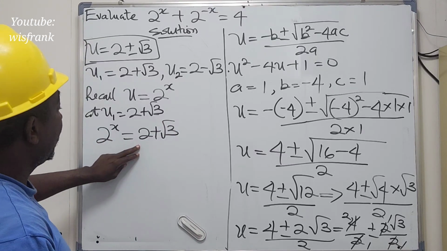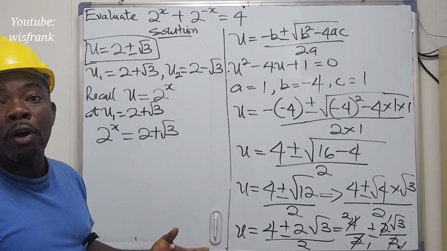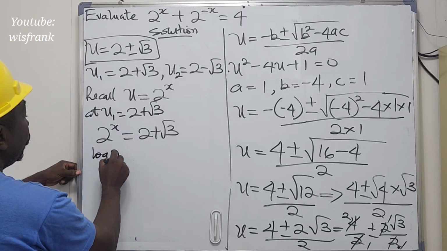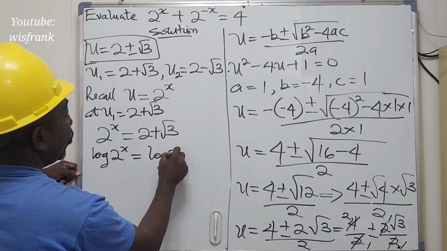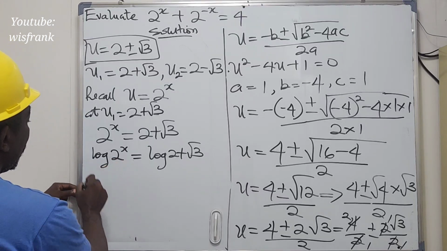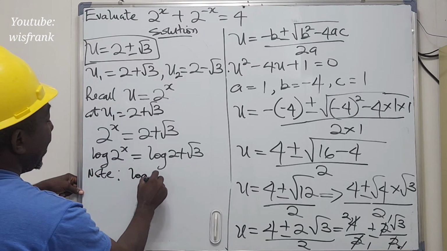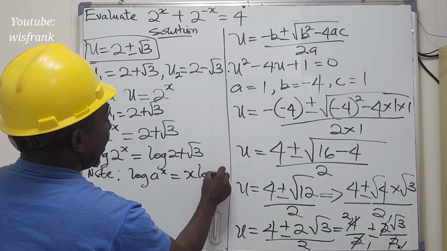So in this case, for us to find the value of x, we need to apply log to both sides. So this will become log 2 to the power of x equals log of 2 plus root 3. Here we recall, note, when we have log a to the power of x, it is the same thing as x log a.